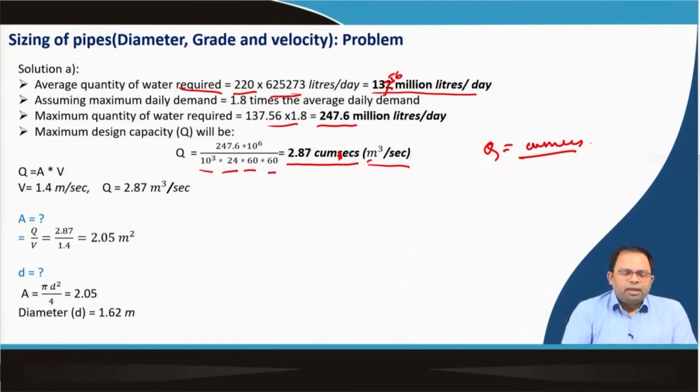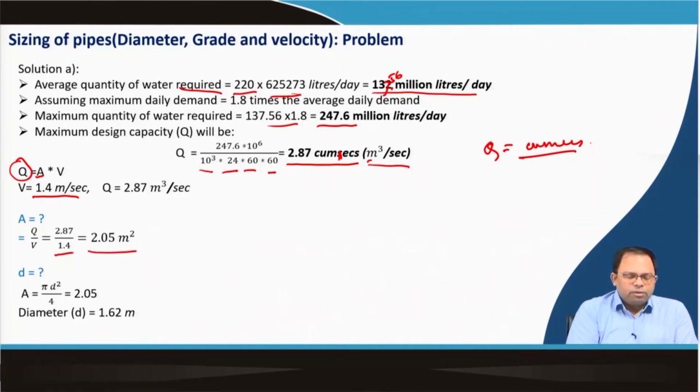If we know the Q value, we also have the V value, which is 1.4 meter per second. From that we can determine A, the cross section of the pipeline. A equals Q by V, 2.87 by 1.4, which is 2.05 meter square.